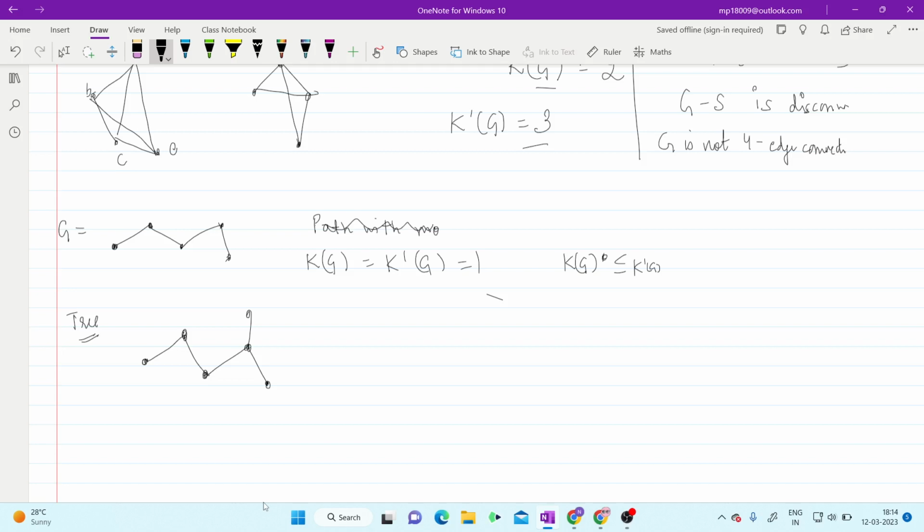Yes, for a tree also vertex connectivity will be 1.